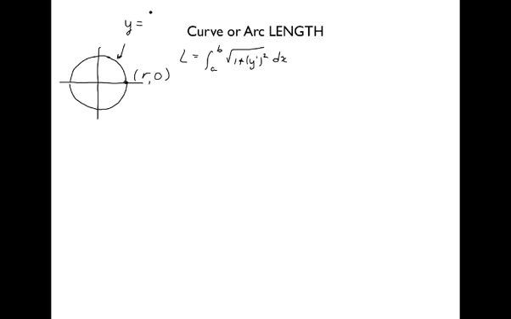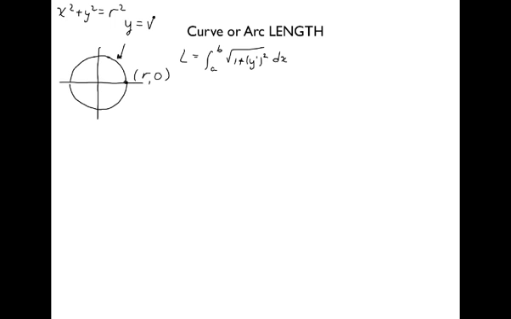So if that's the case, what does y equal if our radius is r? The equation of a circle is x squared plus y squared equals r squared. So what does y equal?